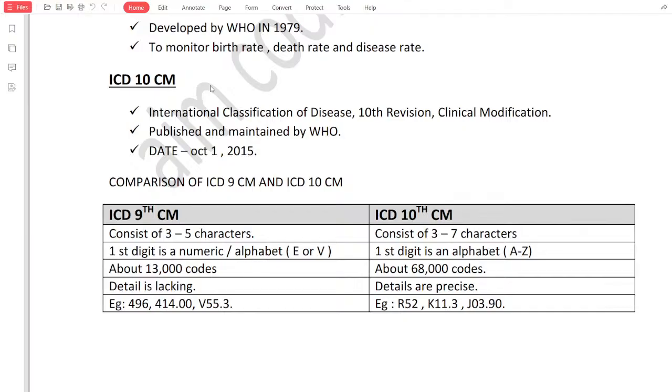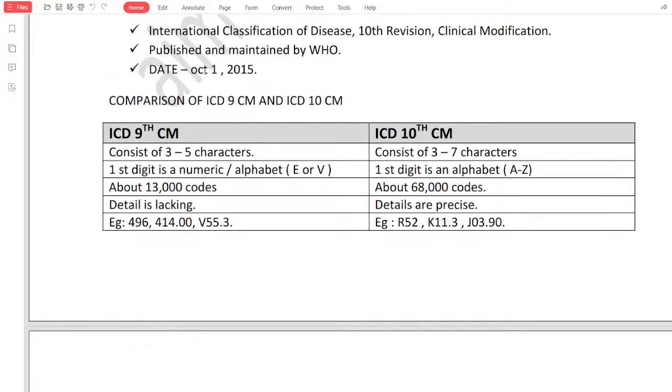Here is the comparison between ICD-9 and ICD-10. ICD-9 codes consist of 3 to 5 characters, but ICD-10 codes consist of 3 to 7 characters. This is a major change between ICD-9 and ICD-10. In ICD-9, the first character is E or V, but here we use A to Z, all the alphabets.